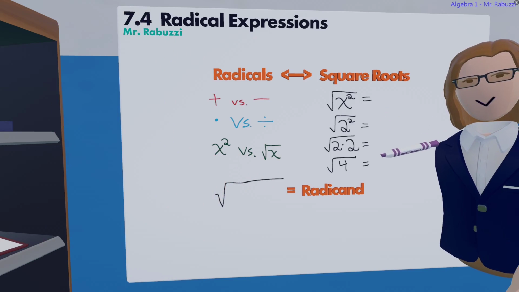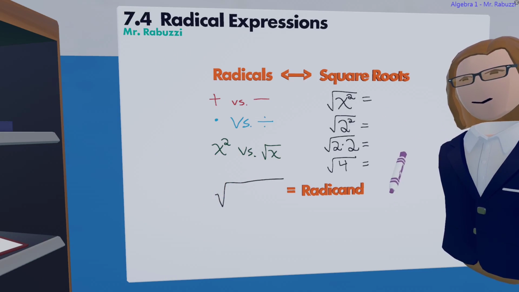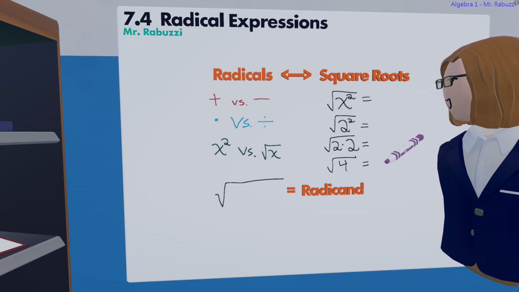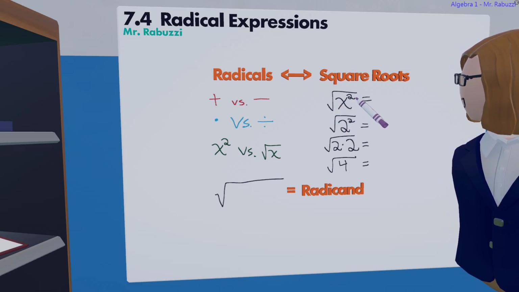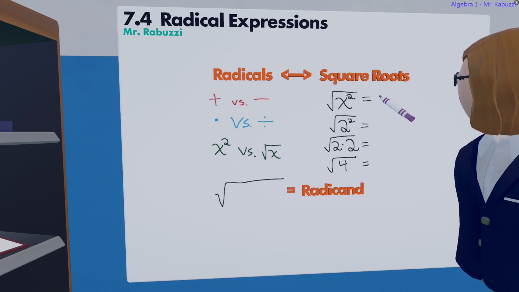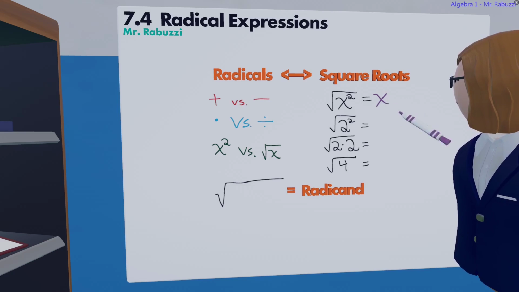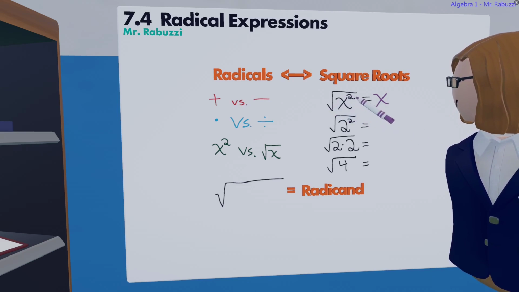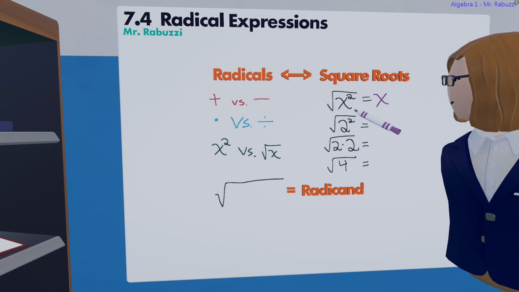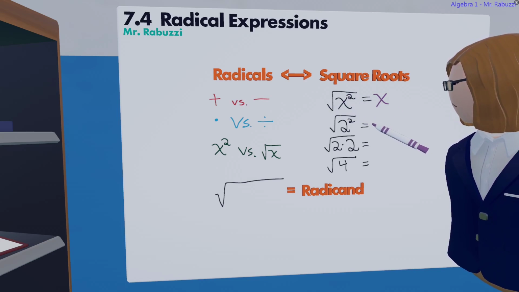If they're opposites, that means if we do both things, they will cancel each other. So if we do a radical and an exponent, they will cancel and we will just have the x left over. Okay? So the square root and the squared, other names for them, delete each other.